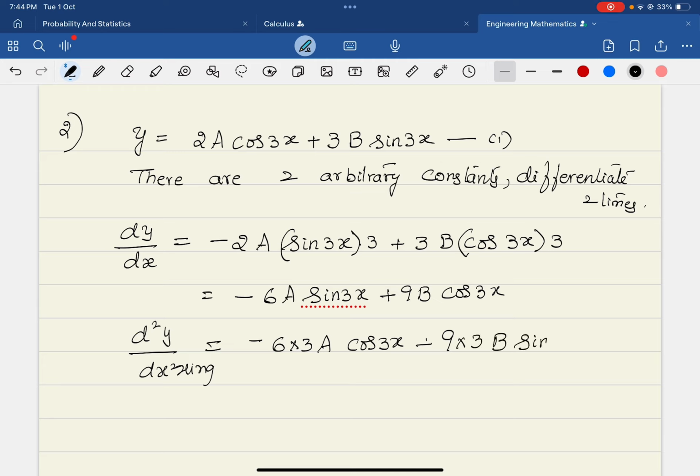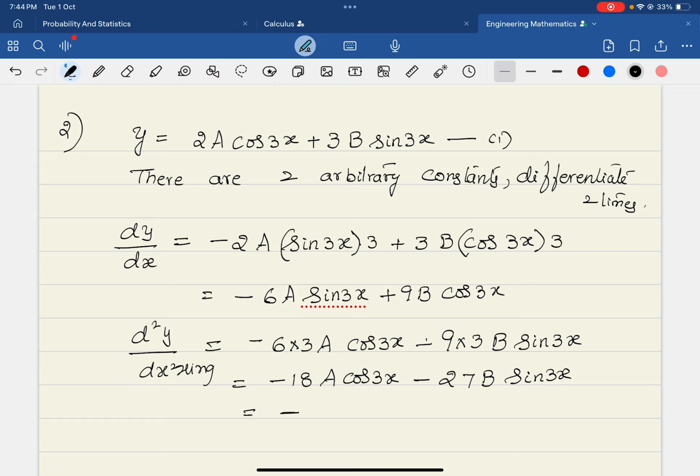Cosine derivative is negative sign, right? Minus sine 3x. So that gives you what here? Minus 18a cosine 3x minus 27b sine 3x.